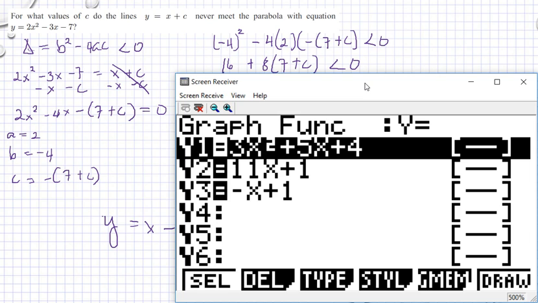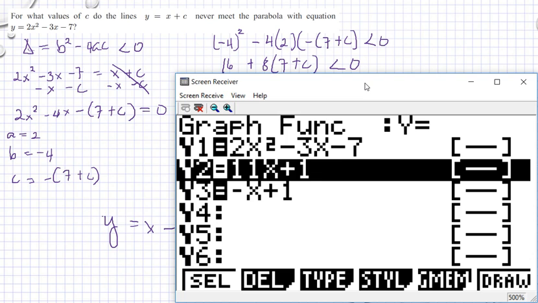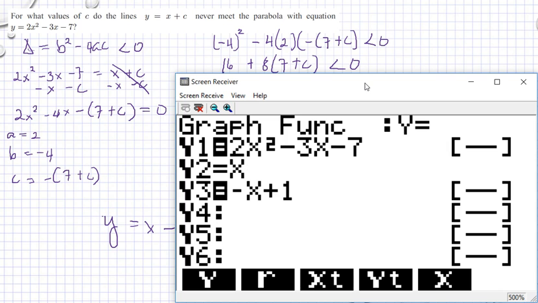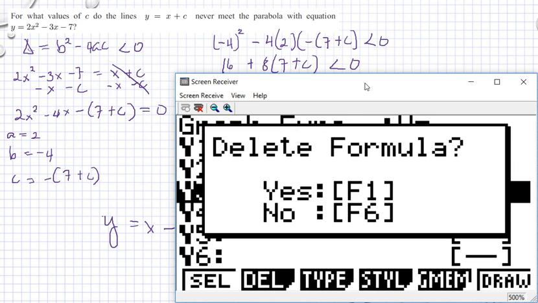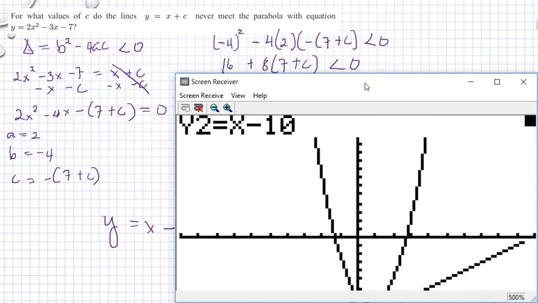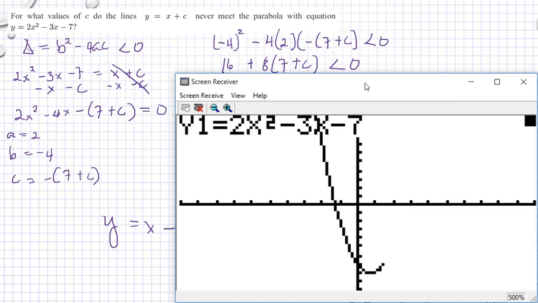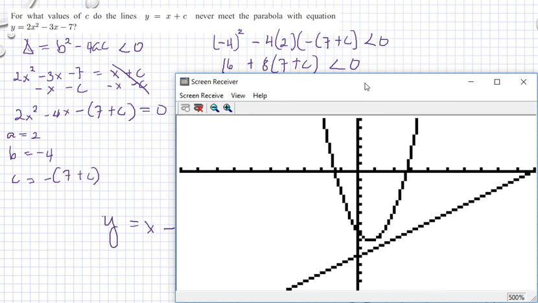We have 2x squared minus 3x minus 7, and then we have y is equal to x minus 10. This one we need to remove. Okay, draw. Where is it? Okay, then they will not meet.